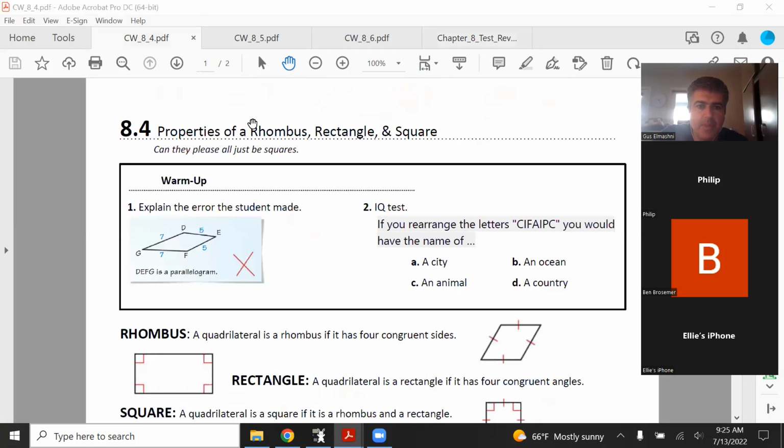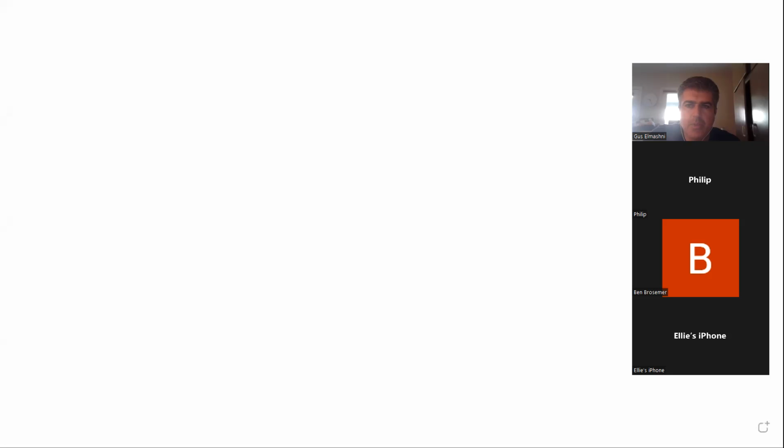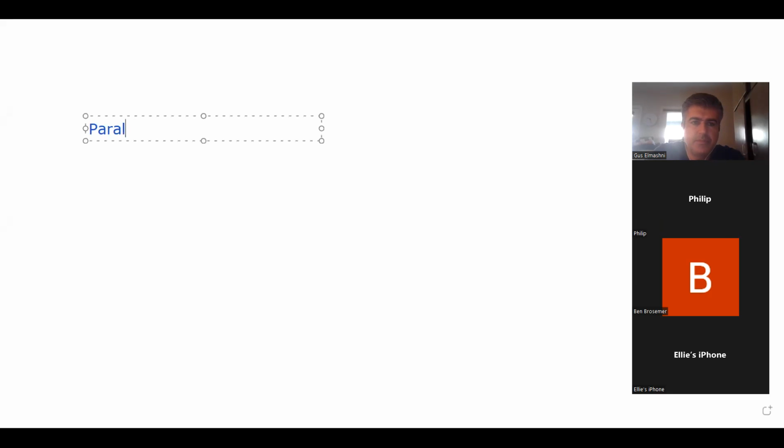So 8.4. Properties of a rhombus, rectangle, and square. All right. So let me do a little teaching first on a whiteboard. So you may want to annotate your notes or use a separate sheet of paper. Okay, so we talked about parallelograms yesterday, right? And let me define it for you guys.